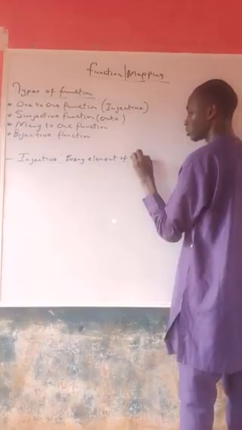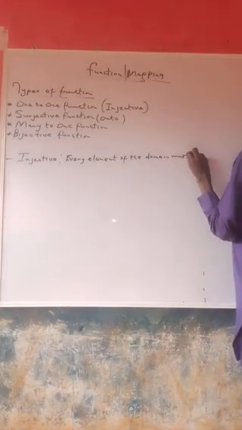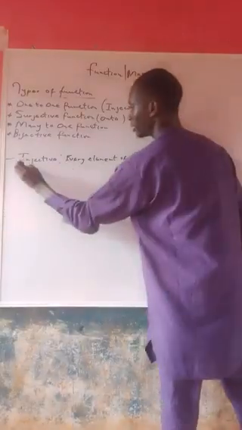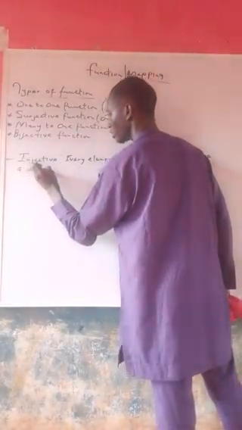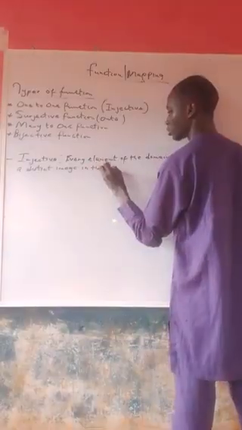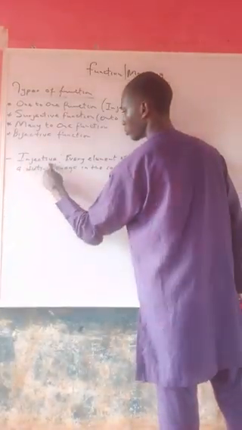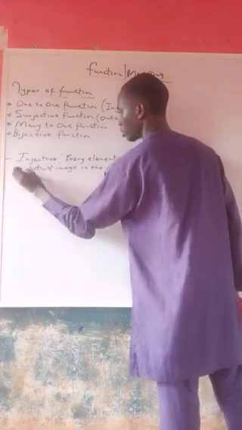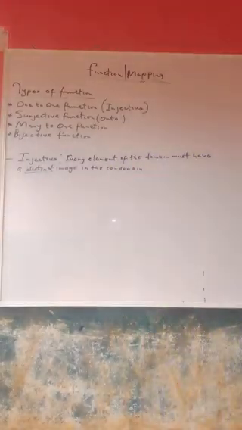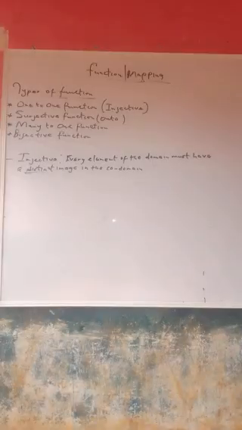I would like you to understand the word distinct there, because it means that it has its own special image. So every element of the domain must have a distinct image in the codomain.